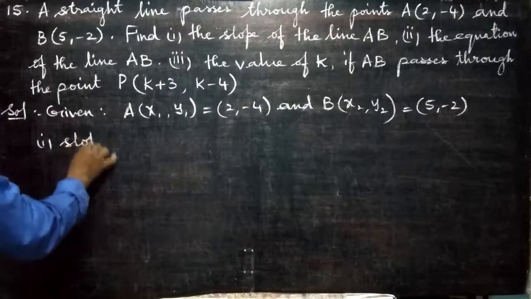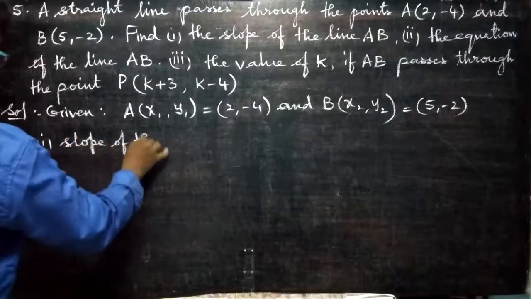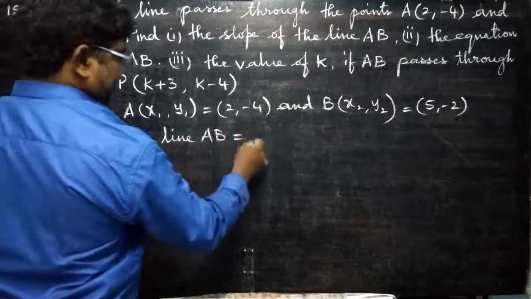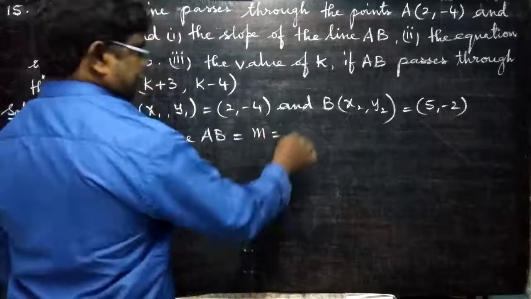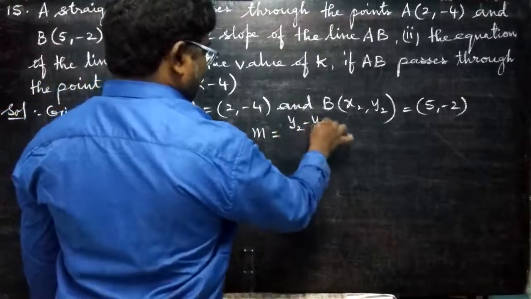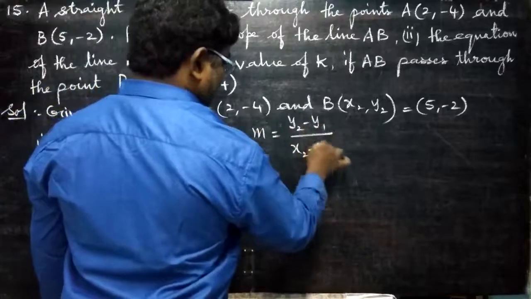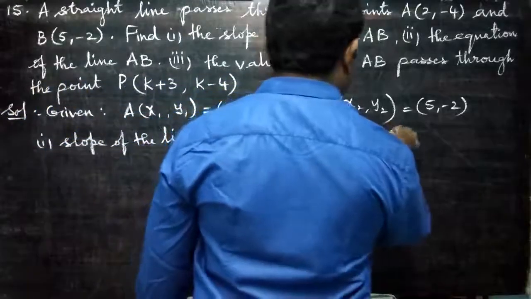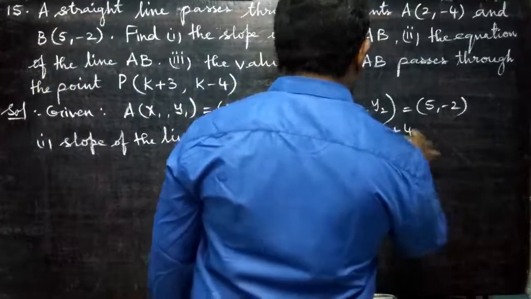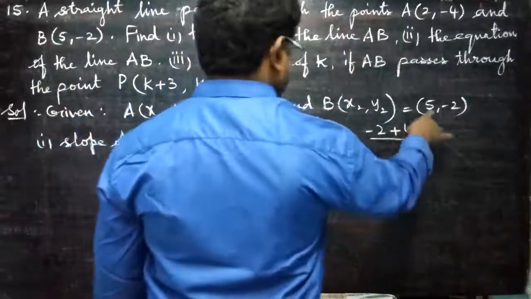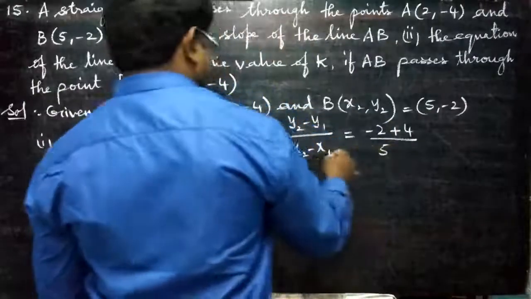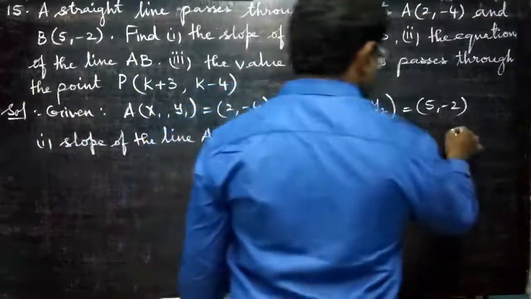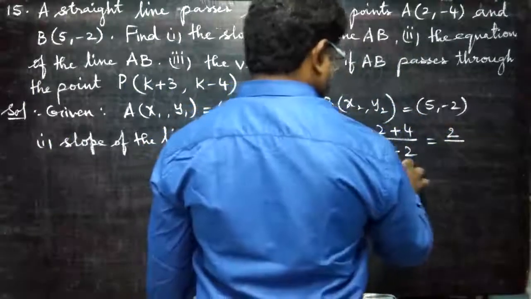First bit they are asking to find the slope of the line AB. We know the formula. We represent slope with M, and the formula is y2 minus y1 by x2 minus x1, that is equal to (-2 minus of minus means plus 4) by (5 minus 2), that is equal to 4 minus 2 is 2, 5 minus 2 is 3.